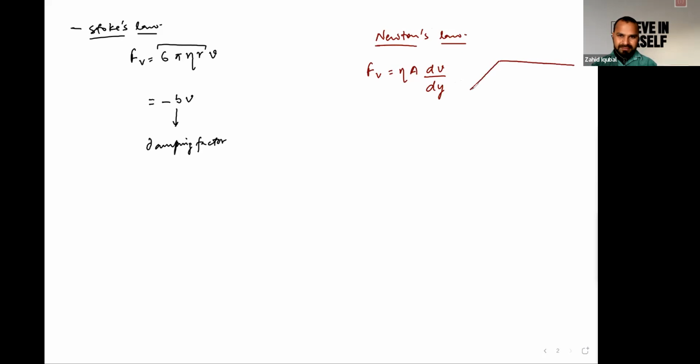Suppose this is a layer of liquid and this is the adjacent layer. Let's say this has velocity v, so that one must be moving with some velocity v plus dv. So there is a change in width, let's say dy. Each layer will tend to oppose its neighboring layer by a force which is called viscous force, which may depend upon this.